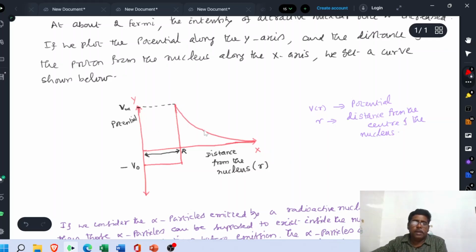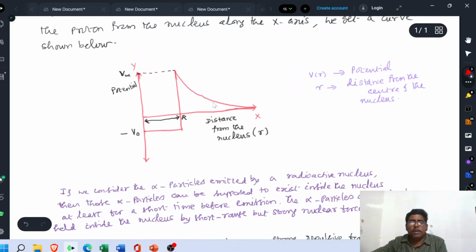Here, an electrostatic repulsion is possible between the proton and the nucleus, but within this square well potential, the nuclear forces are dominating, therefore an attraction is acting on the proton. So the potential value is negative here, but here the potential value is positive.